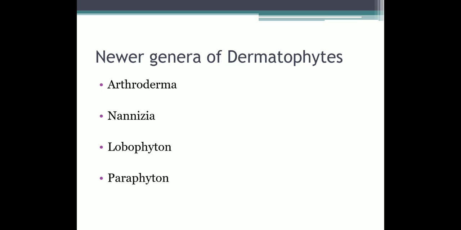The newer genera are Arthroderma, Nannizzia, Lophophyton and Paraphyton. Most of the species of Microsporum have been reclassified into these new genera.